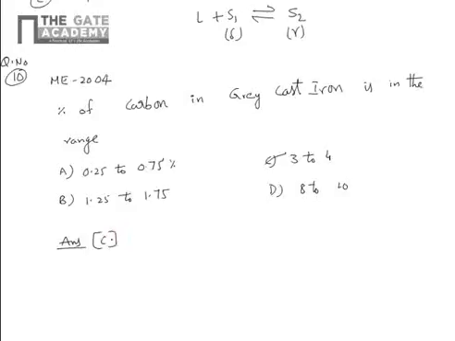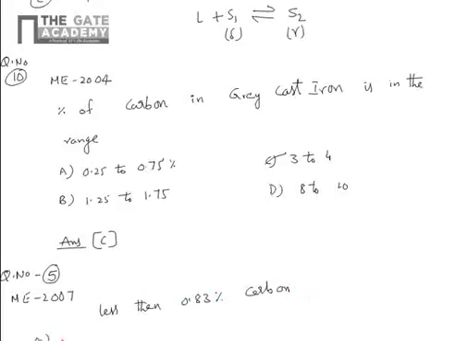Similarly, another question in GATE 2007, question number 5. The question they asked is: an iron carbon alloy containing less than 0.83% carbon is called?